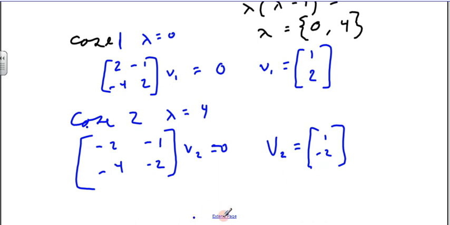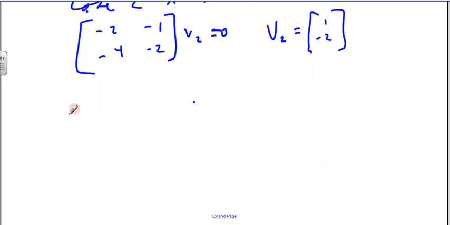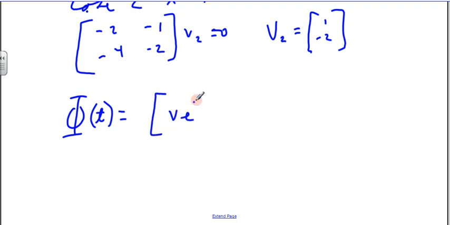So that being the case, we have iota of t is going to be v1 e to the lambda 1 t plus v2 e to the lambda 2 t. And I have no idea what this dot is in front of that lambda.